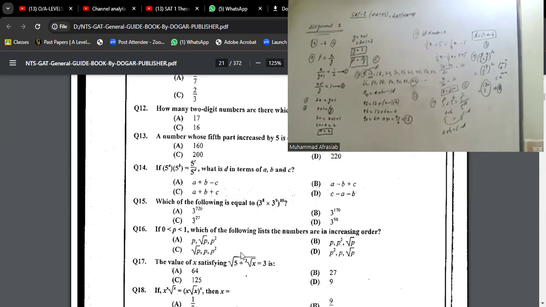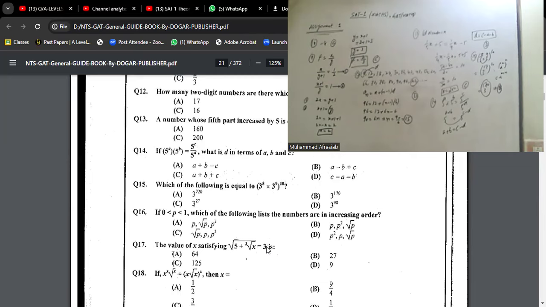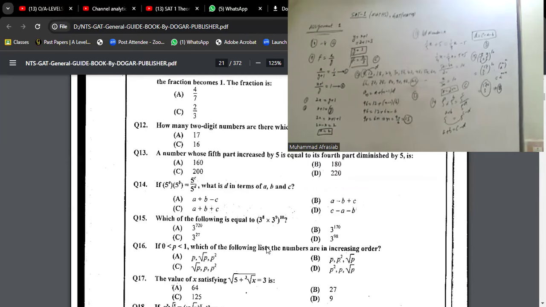This is question number 16 now. If P lies between 0 to 1, which of the following is the numbers which are in increasing order? We know that P is going to lie between 0 and 1.